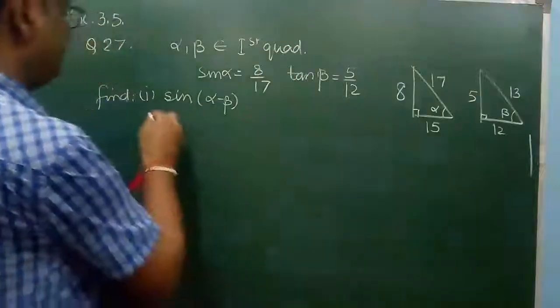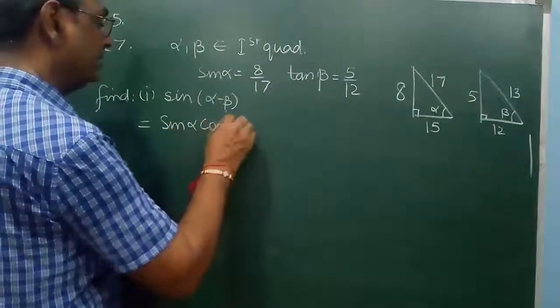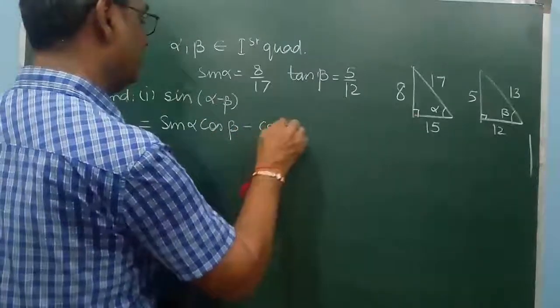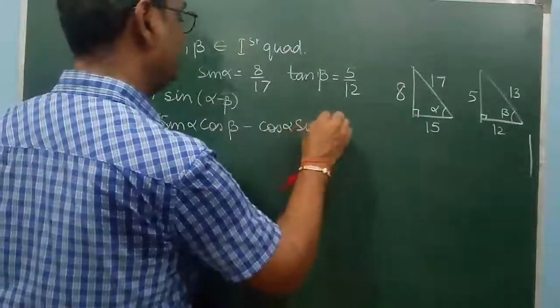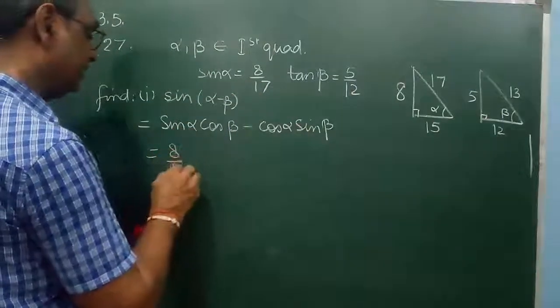So here the formula will be sin alpha cos beta minus cos alpha sin beta. Sin alpha is 8 by 17.